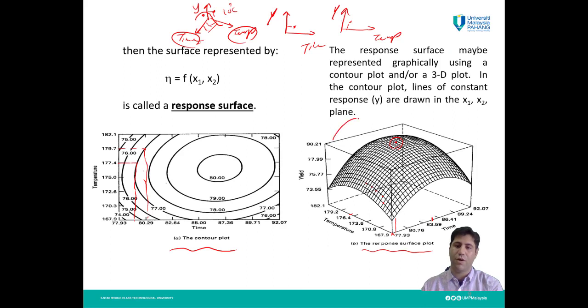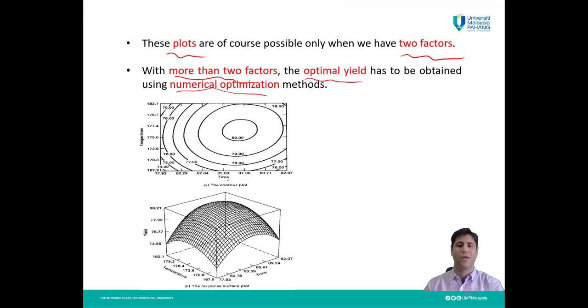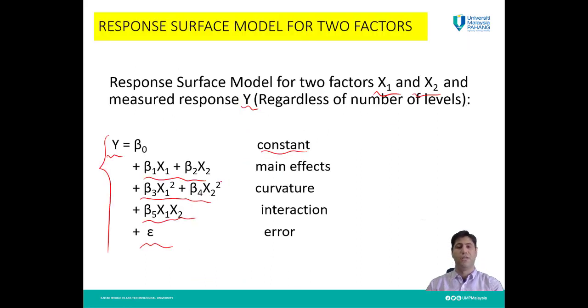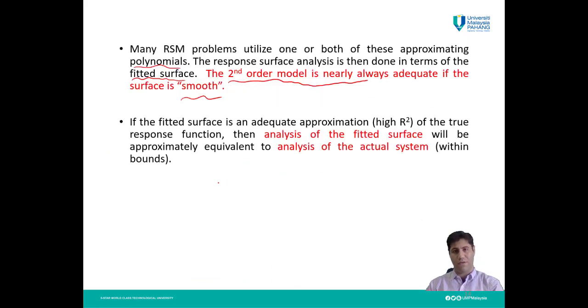If the surface was like this, or had more peaks, for example, here in the surface, then it was not easy to find a peak for this. And also, it is not that easy to find an equation to describe that surface.